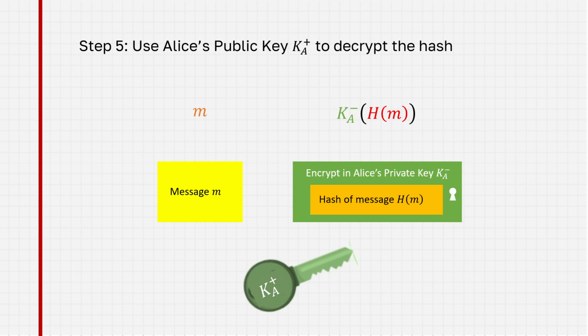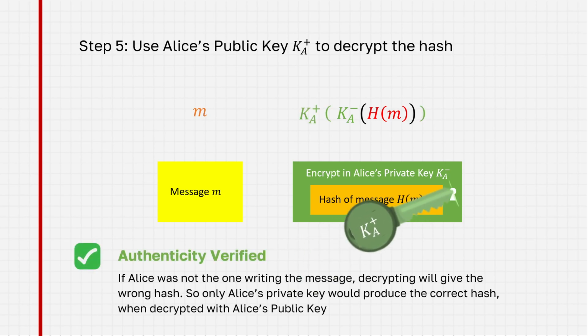So we use Alice's public key to open this. If we are able to get the correct hash, then it's actually written by Alice. Or else this should be a wrong item. So that's how we verify the authenticity in this case. If this is encrypted with KA minus, if I decrypt with KA plus, this should return me the original message. That's how we verify your digital signature.